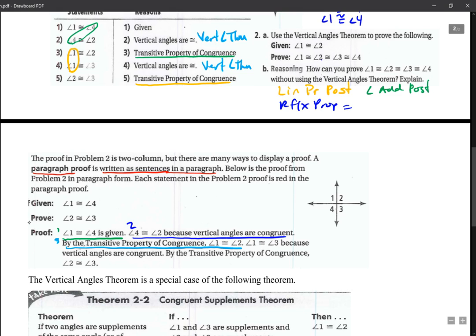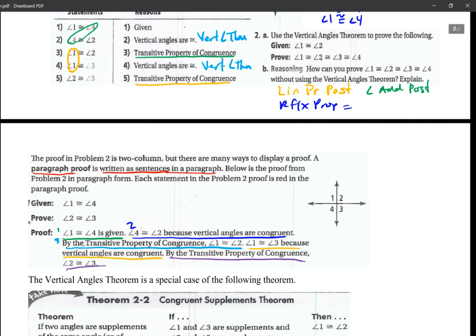And then look at step 4. Step 4 is vertical angles theorem. These angles are congruent because the vertical angles are congruent. And lastly, step 5, we use the transitive property of congruence again to say that angle 2 and angle 3 are congruent. So you can see this is exactly the same proof.